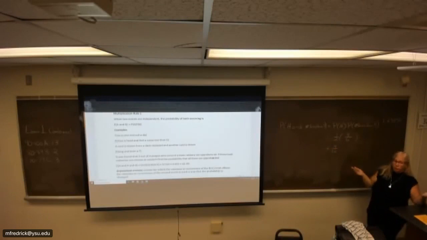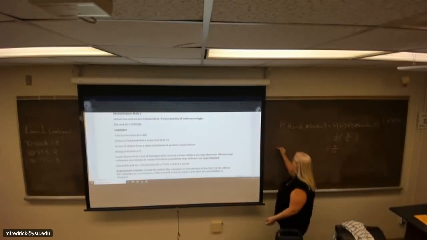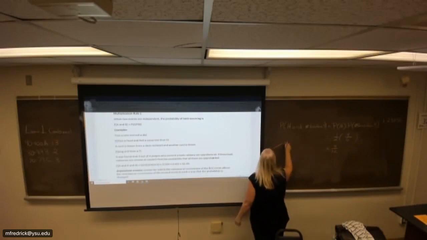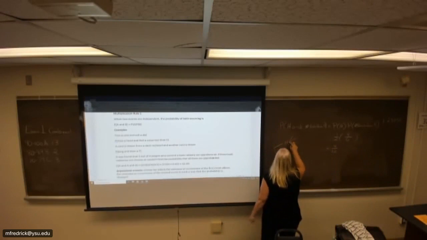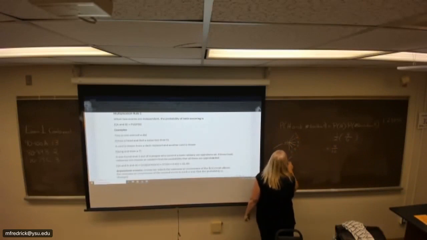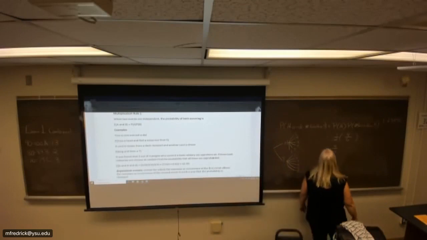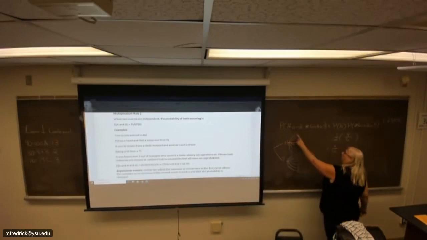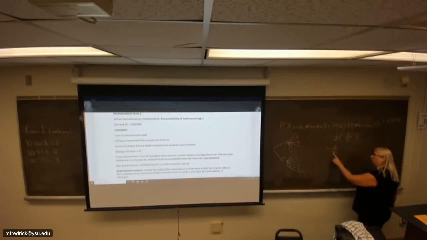We could have looked at the whole sample space. Heads and the tail, and then. So there's heads with all six, a tail with all six, which gives us 12.